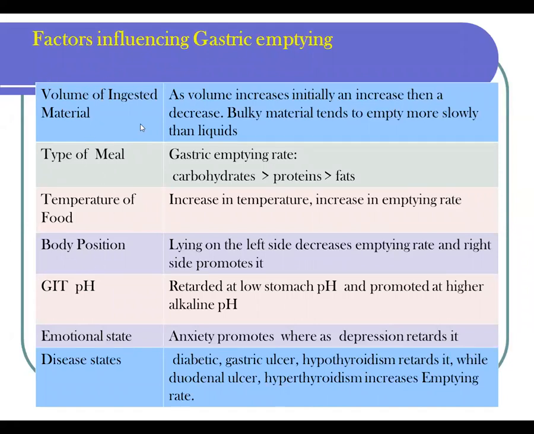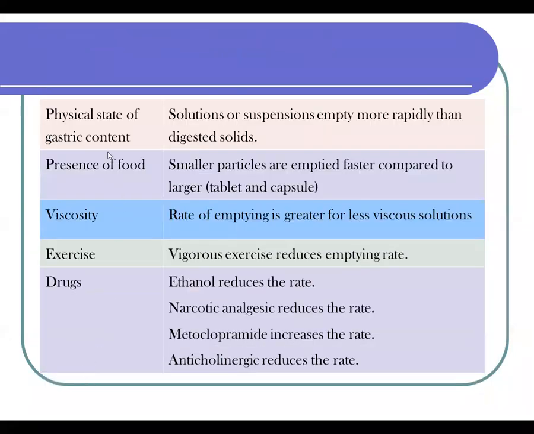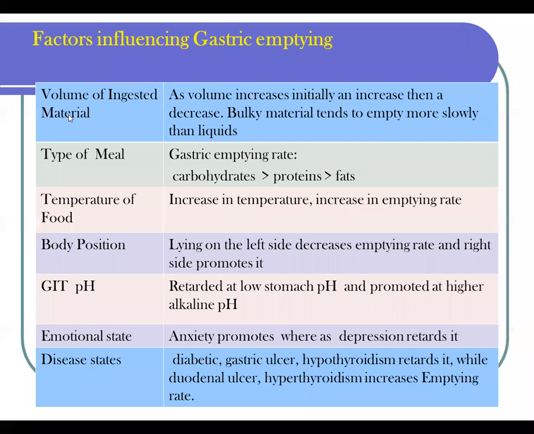So the factors are: volume of ingested material, type of meal, temperature of food, body position, GIT pH, emotional state, disease state, physical state of gastric content, presence of food, viscosity, exercise, and other drugs. You can list out the left side part, whatever you can see.